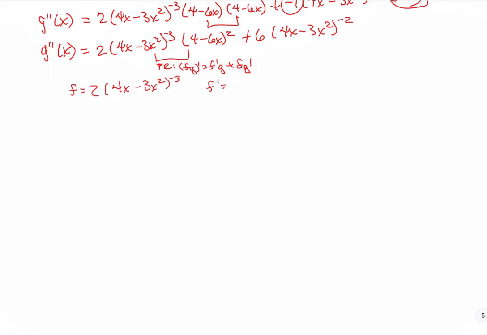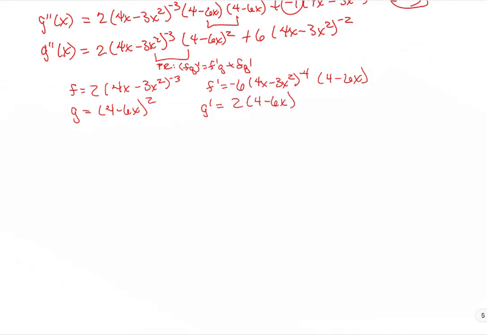So f prime equals negative 6 times (4x minus 3x squared) to the negative 4 times (4 minus 6x). And g equals (4 minus 6x) squared, so g prime equals 2 times (4 minus 6x) times negative 6.